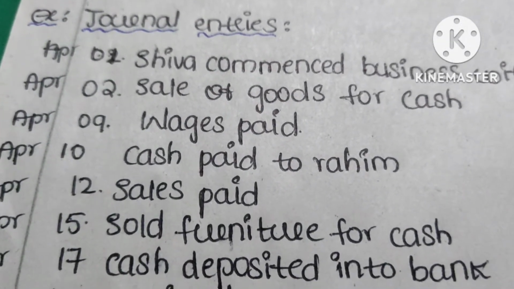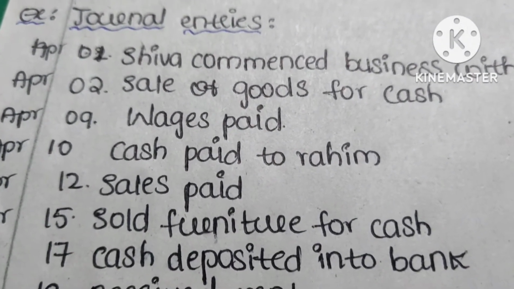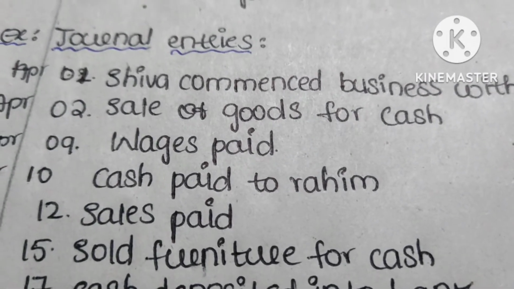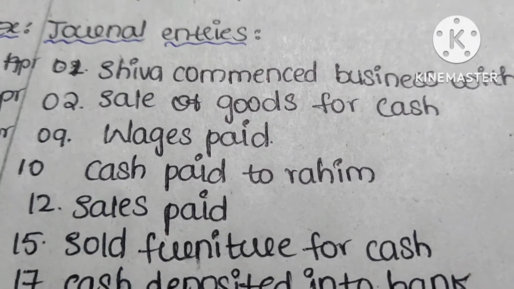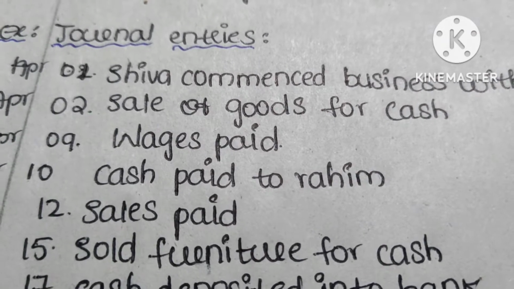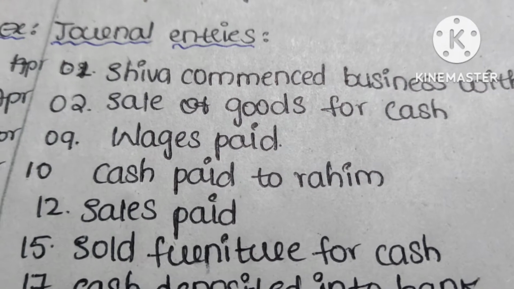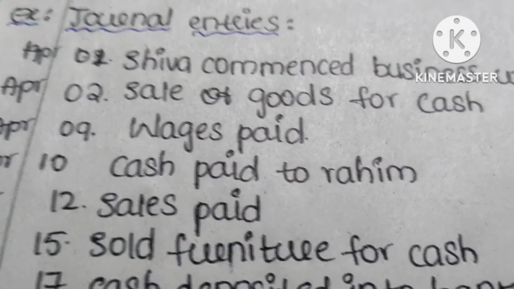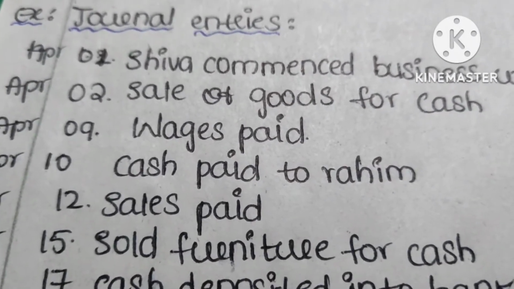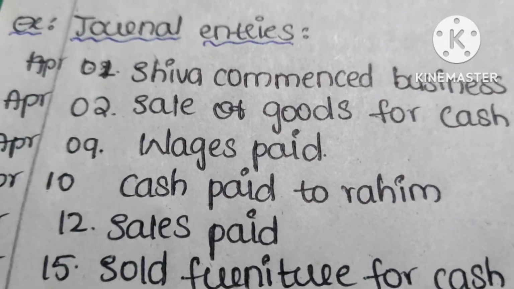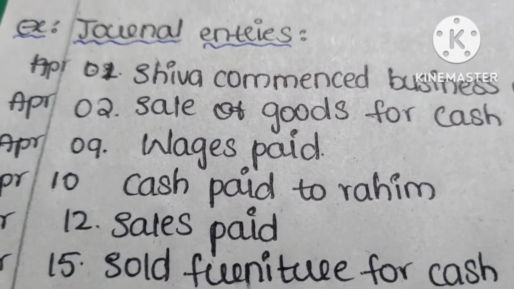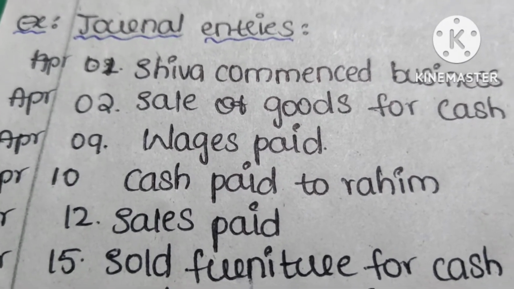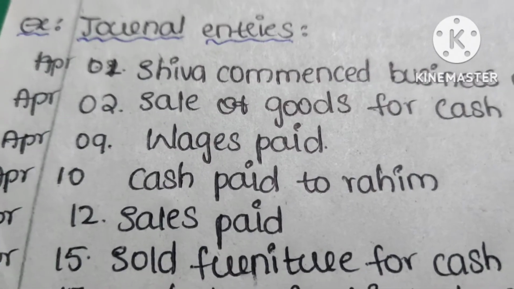And coming to the second one, sale of goods for cash. Friends, this entry is very easy. We have to remember sales means income, purchases means expenses. For example, if we sell a product, say a newspaper, to the shop owner, he will give the money, meaning we are receiving the income or cash.